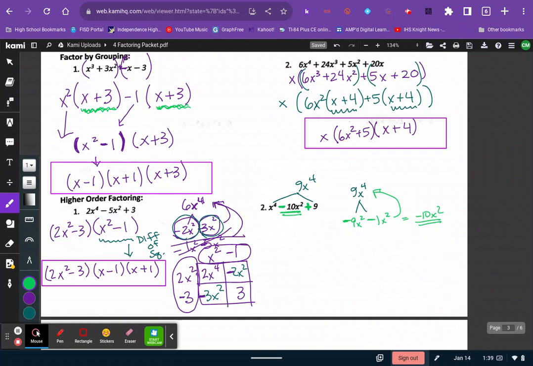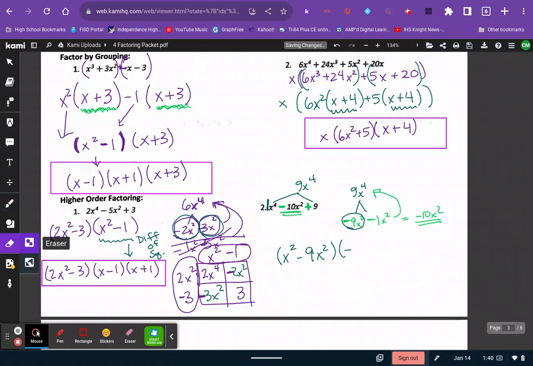All right, so since there's not a leading coefficient in the front of that trinomial, then this one we don't have to have a box for, because I can just fill in the negative 9x squared and negative 1x squared.